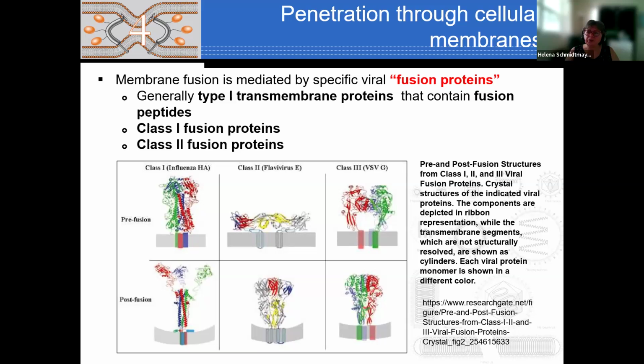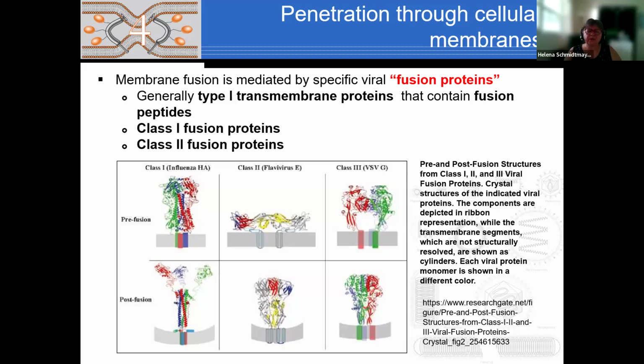And this fusion, as mentioned before several times, can happen either on the cell membrane, so the viral envelope fuses with the cell membrane, or this fusion might happen in endosomes when the virus is taken up by endocytosis, and at low pH triggers conformational changes in the viral glycoproteins and opens the fusion proteins.